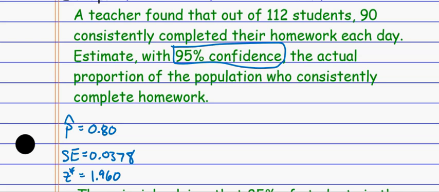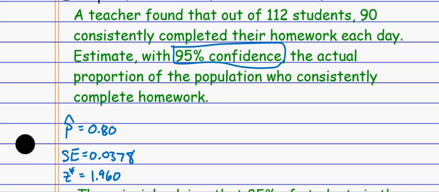So now it says a teacher found that out of the 112, 90 consistently did their homework. We want to estimate with 95% confidence the actual proportion of the population who consistently completes homework. So essentially, we're going to use the data that we have, that 80%, that p hat, and we're going to expand that out to say, okay, if that's the value I got, I think the actual population will be between this value and this value, okay?